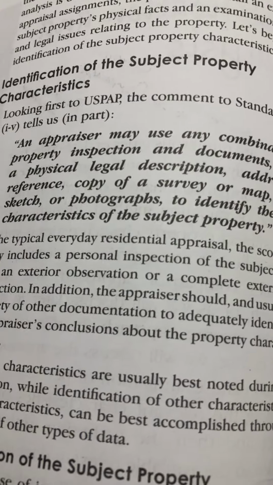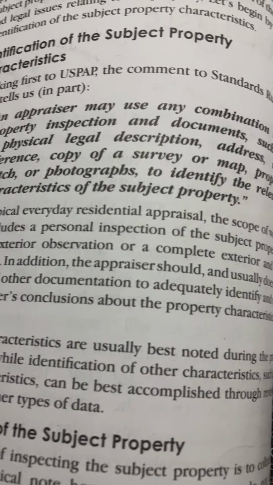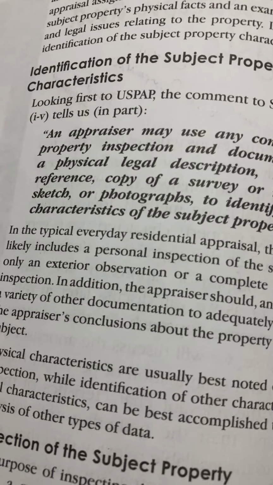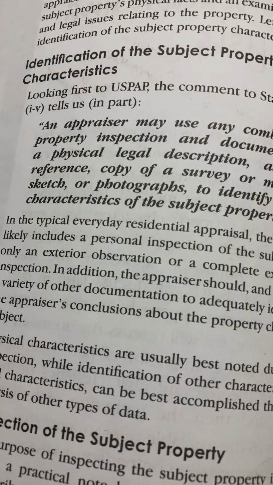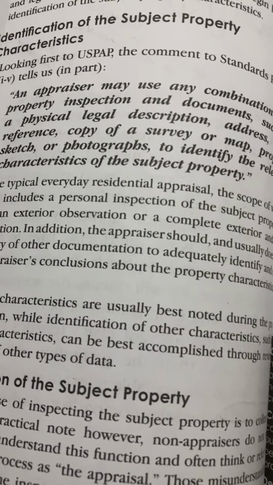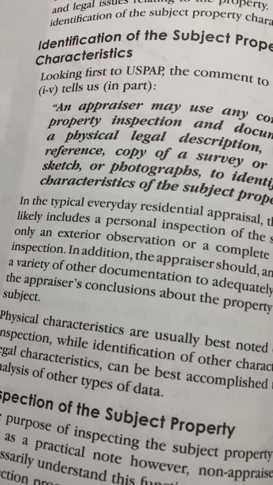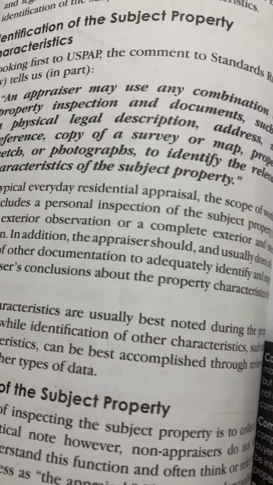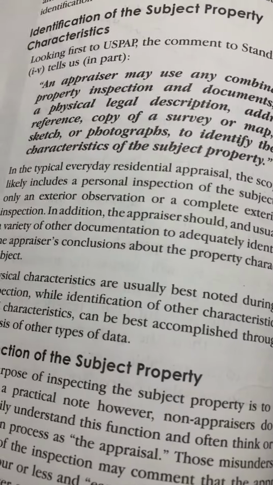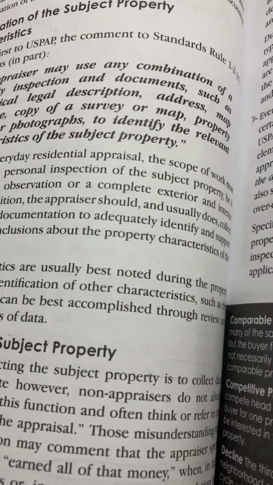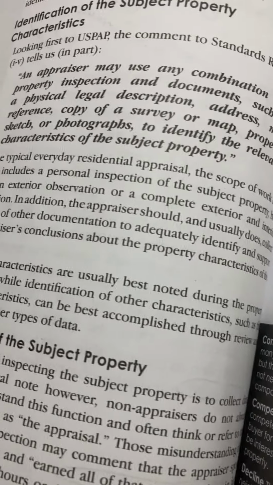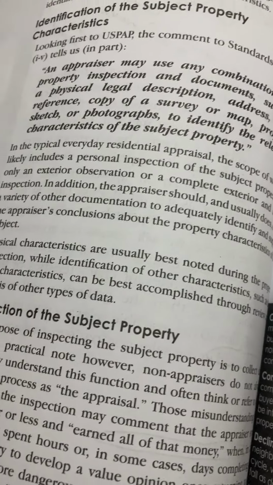Identification of the subject property characteristics. Looking first to USPAP. The comment to Standards Rule 1-2E, I through V, or Roman numeral 1 through 5, tells us in part, an appraiser may use any combination of a property inspection and documents, such as a physical legal description, address, map reference, copy of a survey or map, property sketch, or photographs to identify the relevant characteristics of the subject property.